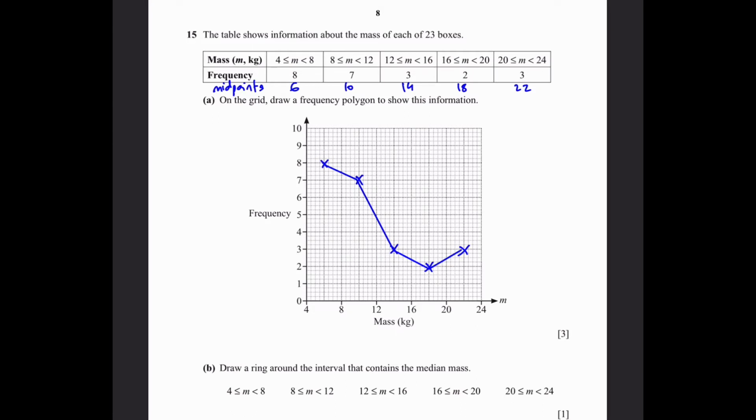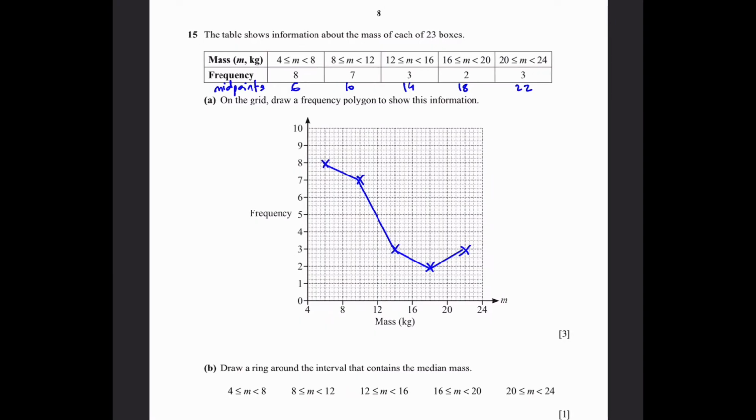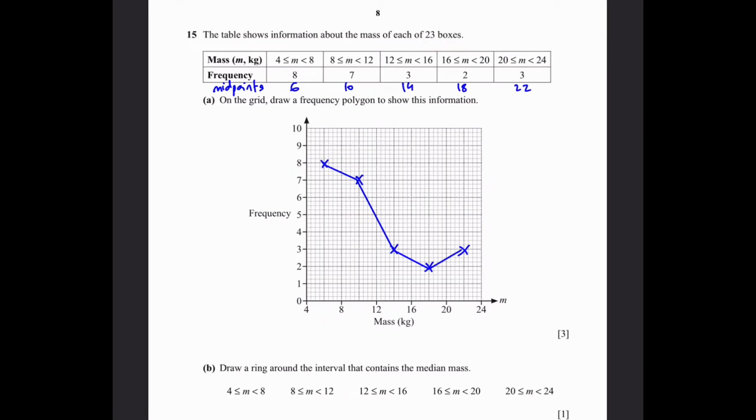Draw a ring around the interval that contains the median mass. Well, the median mass of 23 boxes will be the middle box. So if you arrange all the 23 boxes in ascending order, the one in the middle, right there, will be the box, which is the median. So what's the middle of 23 boxes? The number of the box will be 1 plus 23 divided by 2, which is 12th box.